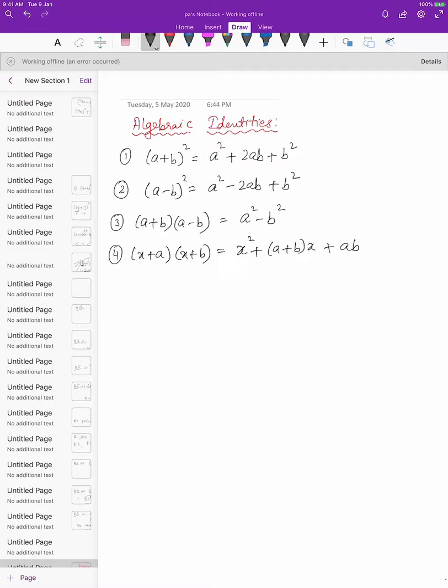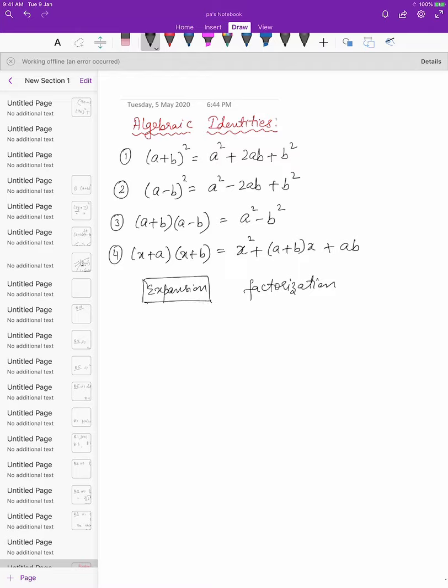Now children, I have told you that these identities can be used in two different ways. One is for expansion of the given expression, and second is for factorization of the given expression. In the previous class, we had learnt how to expand the given expression.